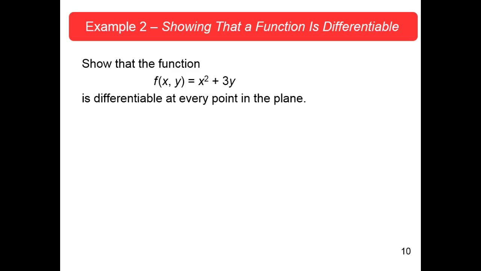Here's example 2. The question is, are we going to have time for it? How much time do we have? 3 minutes. I'm kind of guessing no. So we will begin next time at example 2 here.